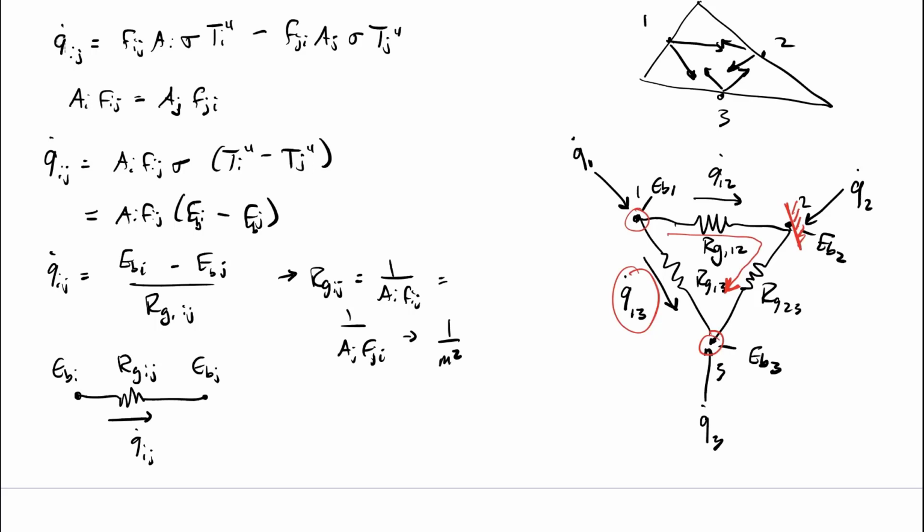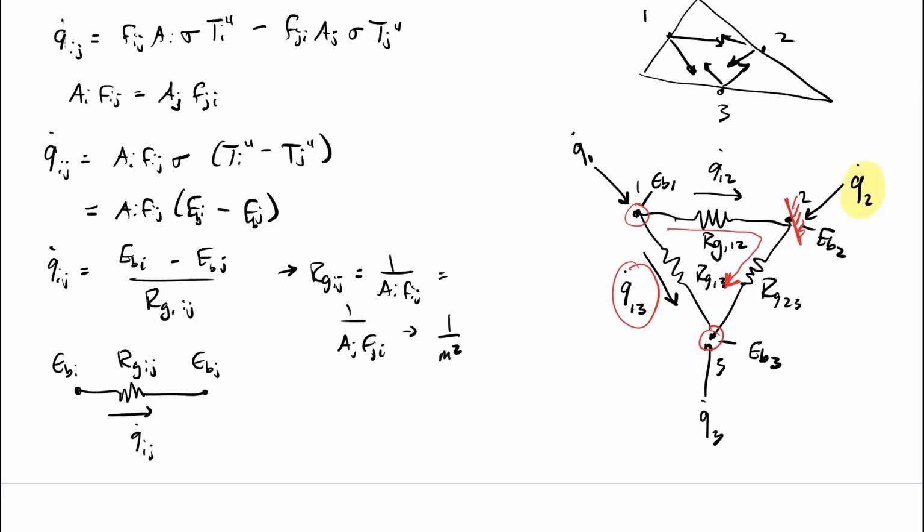If Q̇2 is not 0, if that's not adiabatic, then you can't write it entirely like that. We have to write a balance on each node and then have a system of equations that we solve. So maybe that's a good segue. This is 3 surfaces, and we can draw a 3-surface network. Can you imagine how a 4-surface network would work, or a 5-surface network?